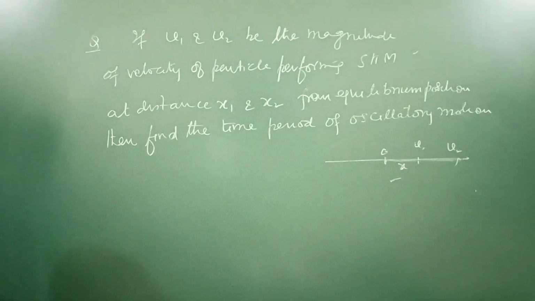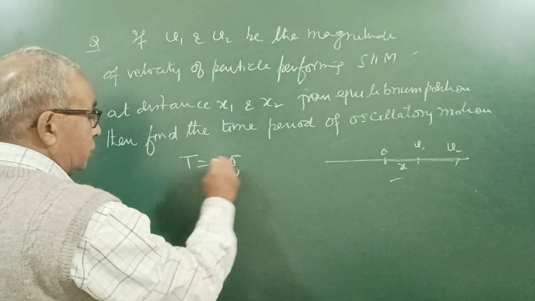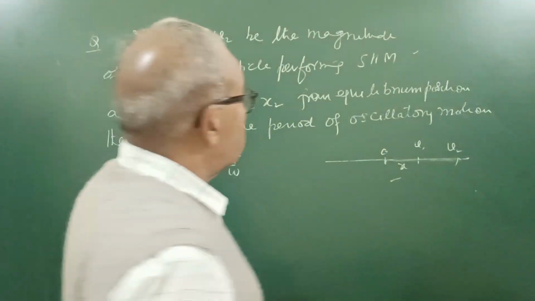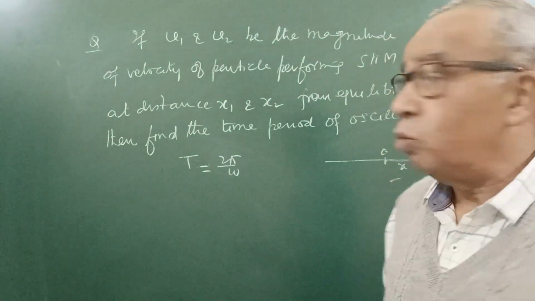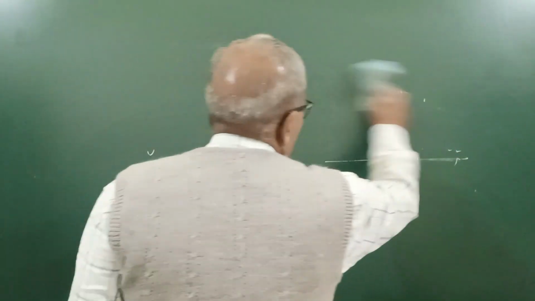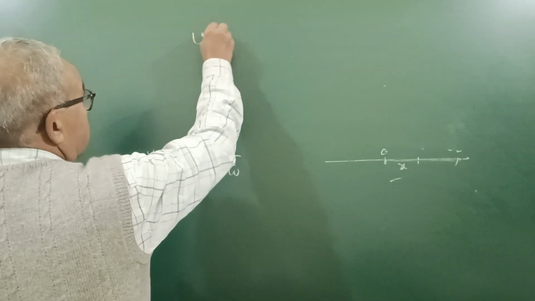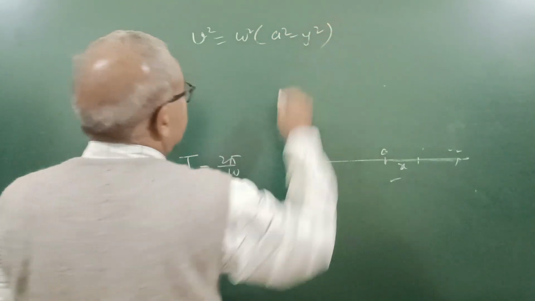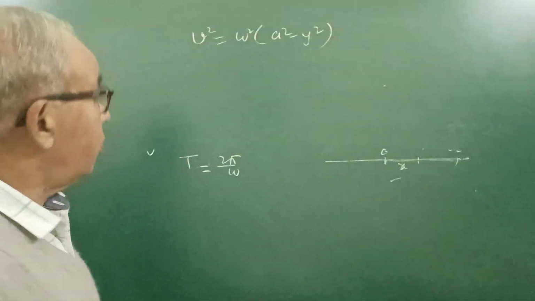So we need to find the time period. T equals 2 pi upon omega. We need omega. Then how are the velocities v1, v2 related with omega at distances x1, x2? I told you a formula, v square equal to omega square into a square minus y square, while deriving the expression for velocity.